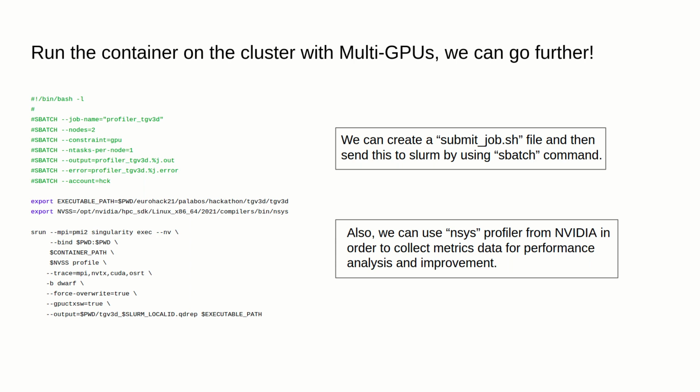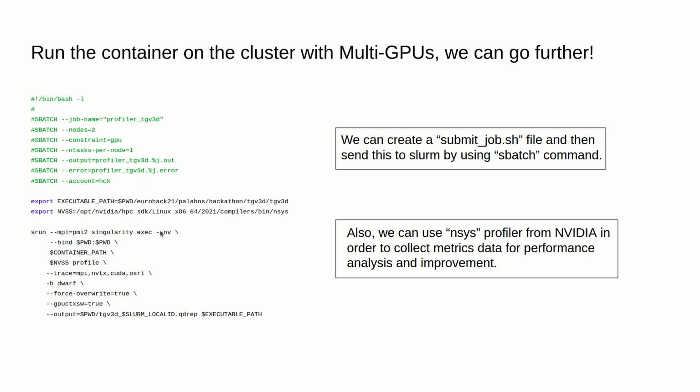And then here you have the configurations, the number of nodes, the constraint, which is the GPU, the number of tasks, the threads per node. Here you have the output and error files that will be created, the account here, and you have the executable path of the binary.